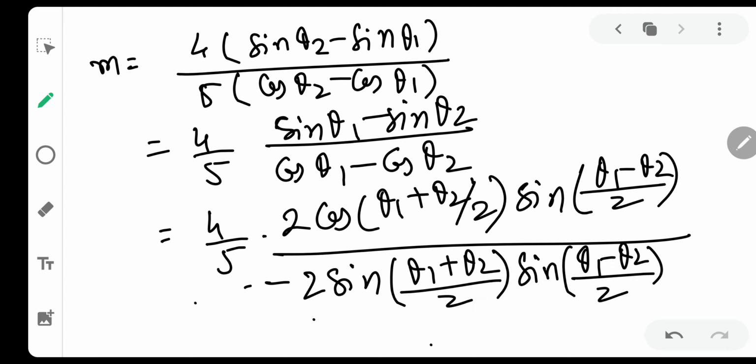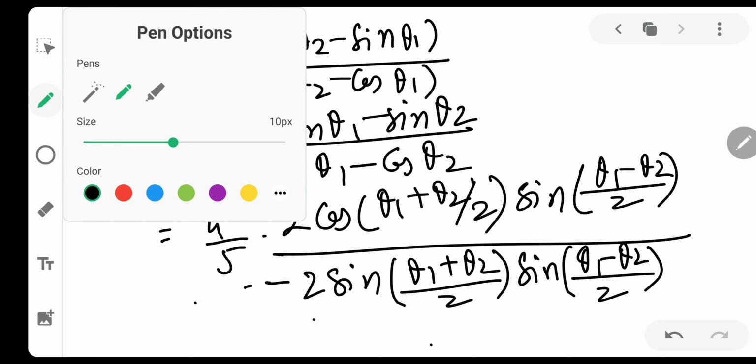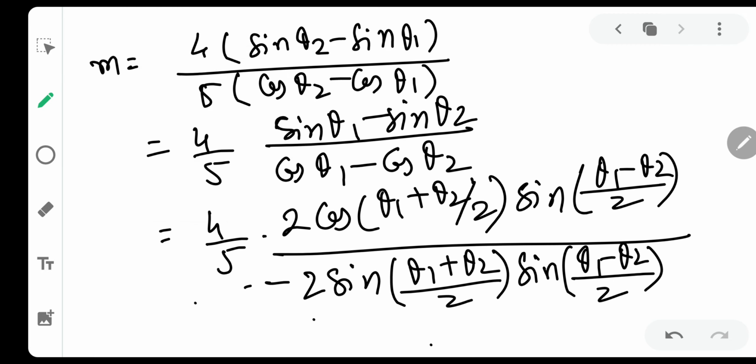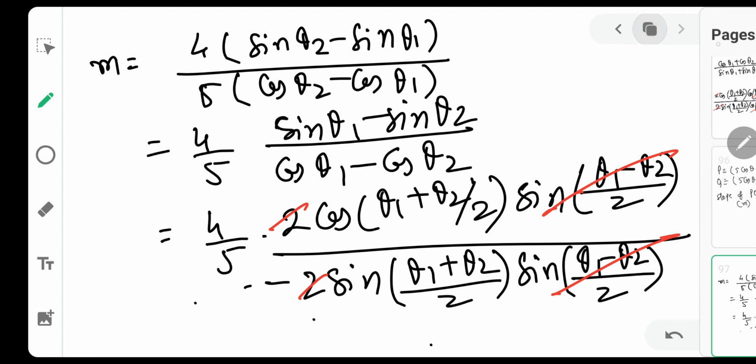Everybody knows this formula: in the numerator sin C minus sin D, and in the denominator cos C minus cos D. Let me apply a red pen, and what gets cancelled? So you can see sin of (theta 1 minus theta 2) by 2 got cancelled, 2 got cancelled, and M came out to be 4 by 5 into minus cot of (theta 1 plus theta 2) by 2. So basically M is coming out to be minus 4 by 5 into cot of (theta 1 plus theta 2) by 2.